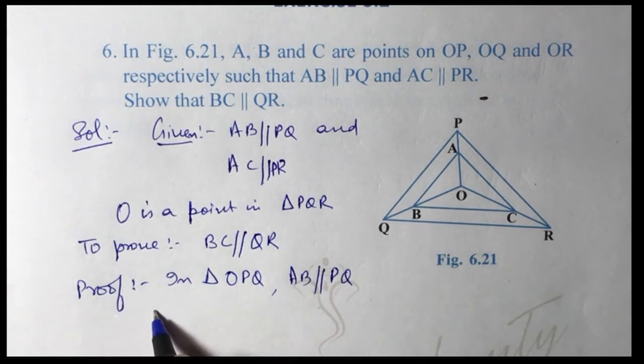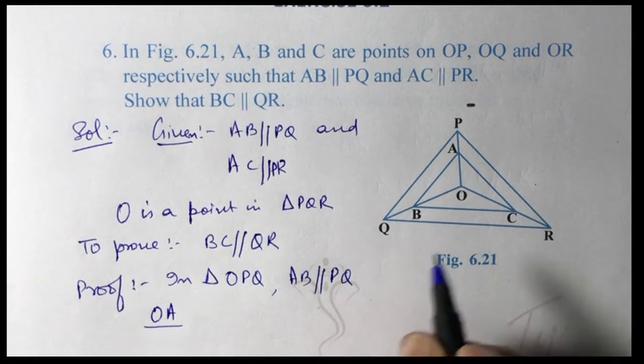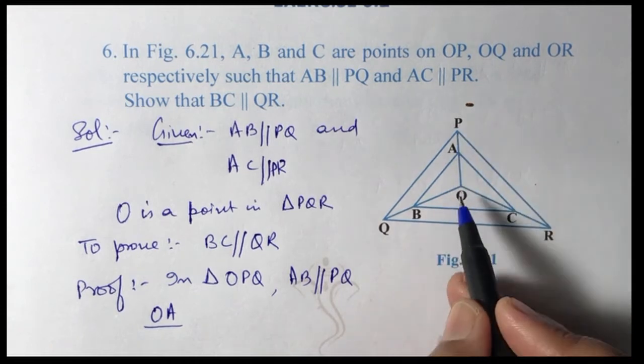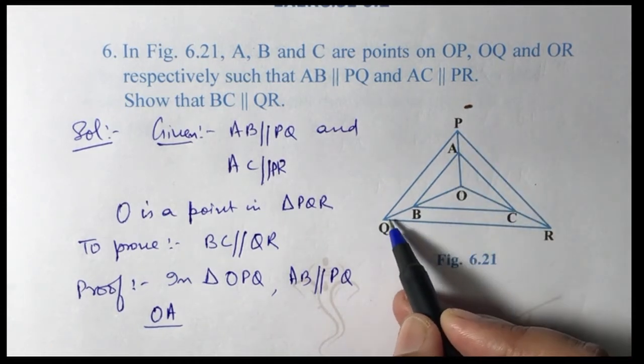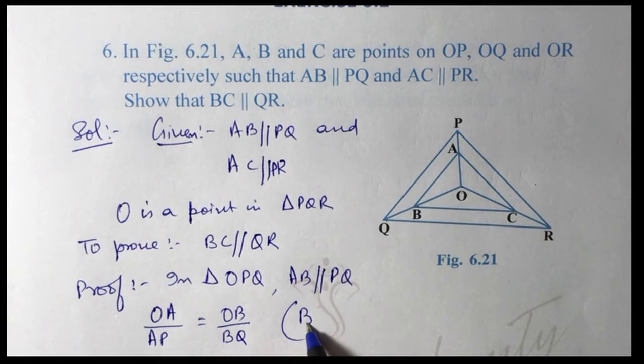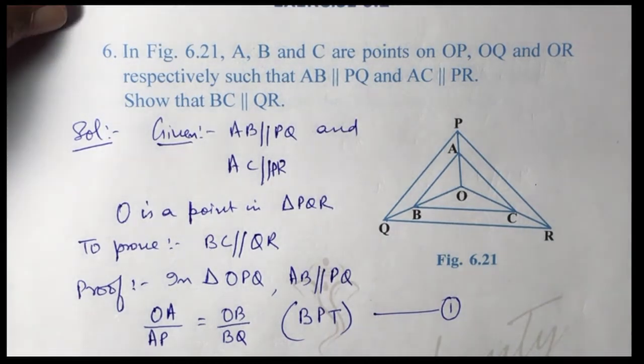You can write OA by AP is equal to OB by BQ. Why? You have to write the reason: basic proportionality theorem. Name this as equation number 1.